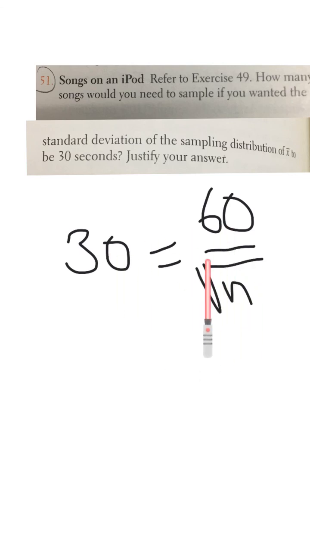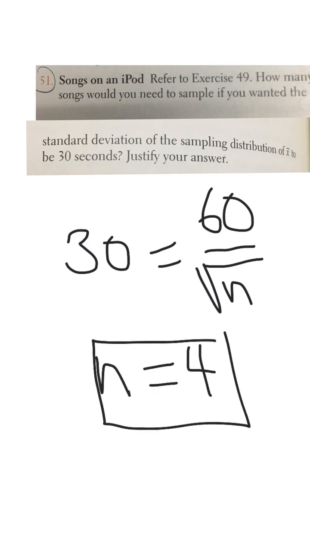So I have to somehow get this bottom to be 2, right? 60 divided by 2 is 30. So the square root of what number is 2? Well, that's got to be 4. So n would have to be 4. Okay, next.